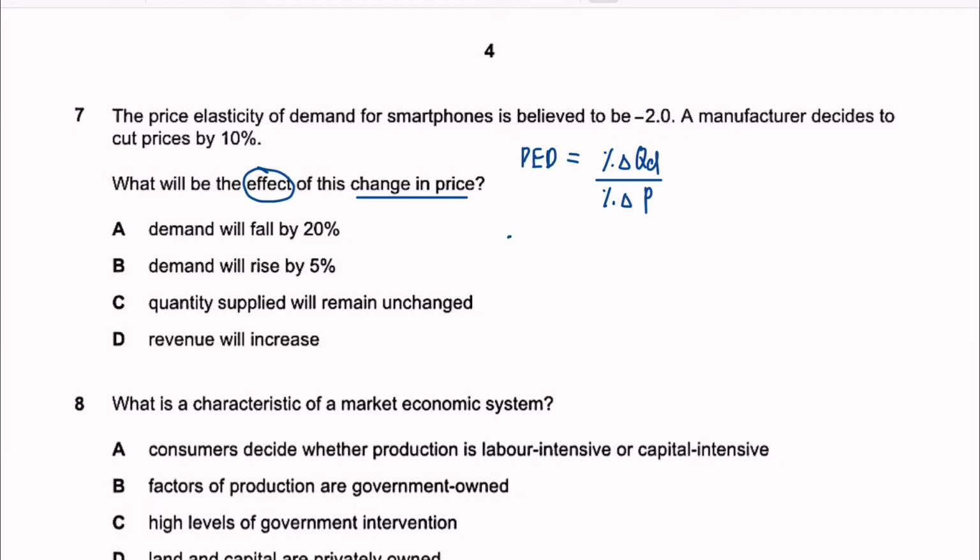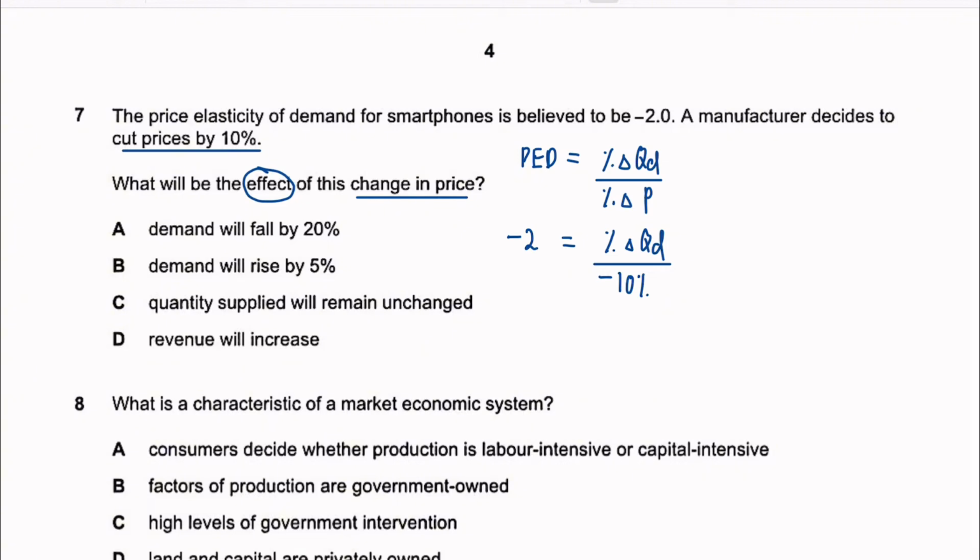So let's list down the PED, negative 2. And we don't know what the percentage change in quantity demanded is. And price is cut by 10%. So this is very important. You need to put negative 10%. This will definitely affect your answer.